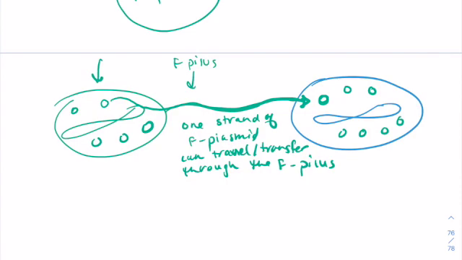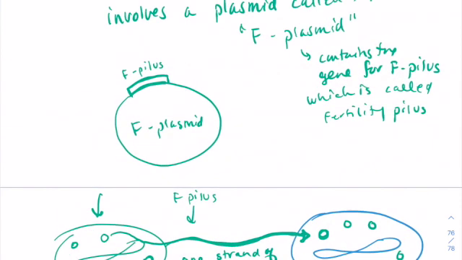Now here's the deal with the F plasmid. Sure, it has the gene for the F pilus on it, but because there are a lot of different F plasmids out there, I don't want to fool you into thinking there's only one type. They often have genes for antibiotic resistance.